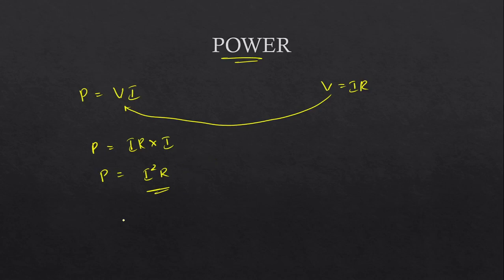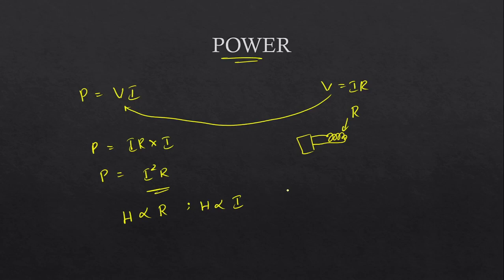Now let's say you have a heating coil and you are using it to heat up your water in your bathroom or something. So here the heating coil will have some resistance R. Now the amount of heat energy produced depends on the resistance of the coil, and it is also proportional to the current flowing through the coil.